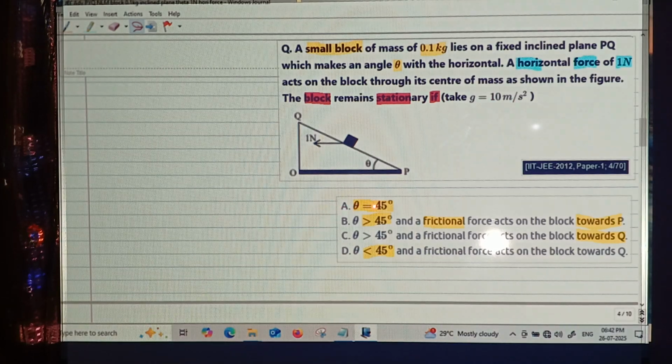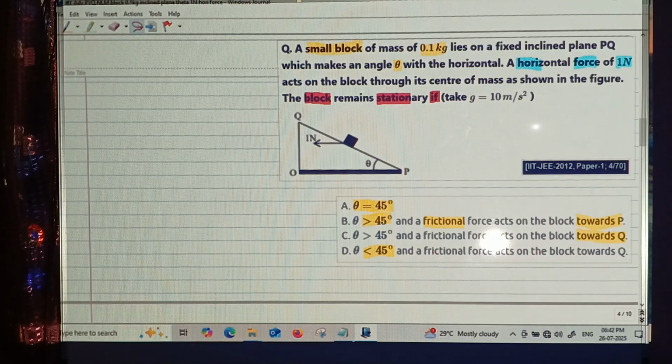Option A, theta is 45 degrees. Option B, theta greater than 45 degrees and friction force acts on the block towards P, that is downwards. Option C, theta greater than 45 degrees and friction force acts on the block towards Q. Option D, theta less than 45 degrees and friction force acts on the block towards Q.